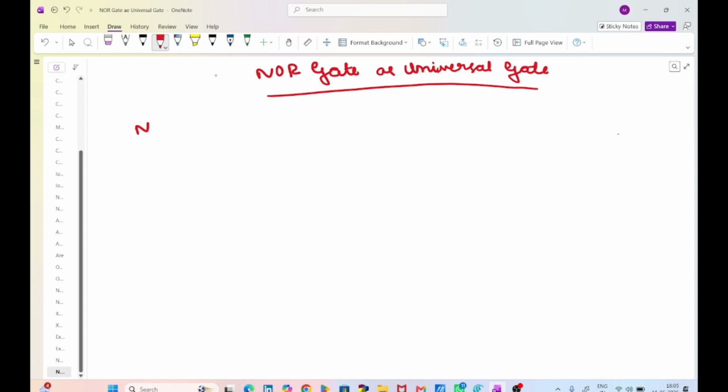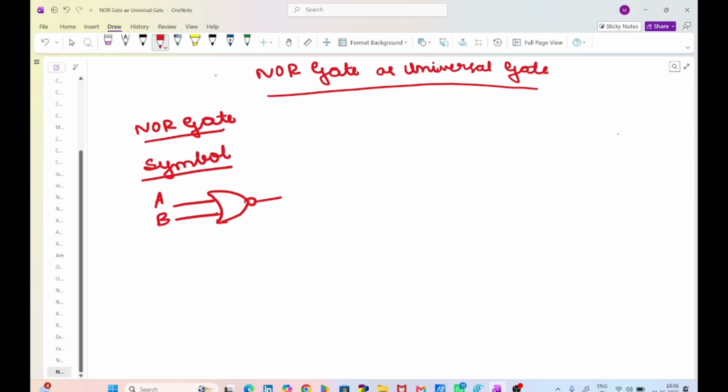Let us write the NOR gate symbol here. A, B, Y is equal to A plus B whole bar.